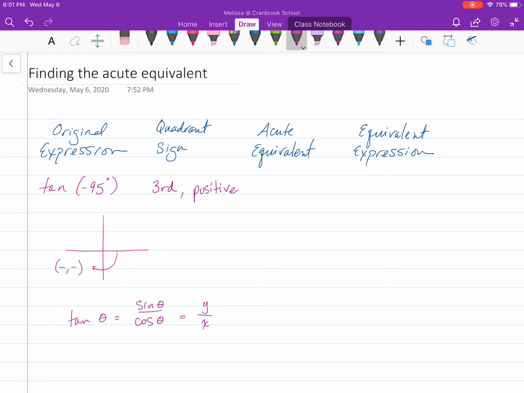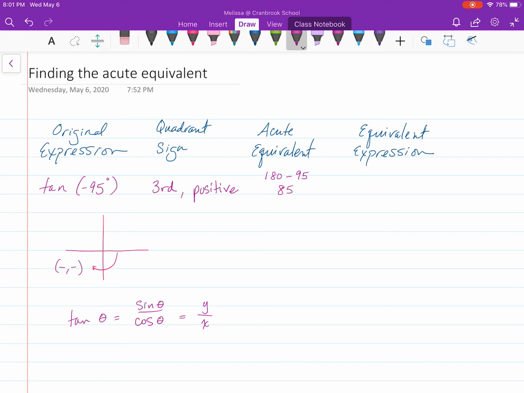And when we think about the acute equivalent that will correlate with negative 95, that will be 85, which is arrived at by doing 180 minus 95, which gives us 85.